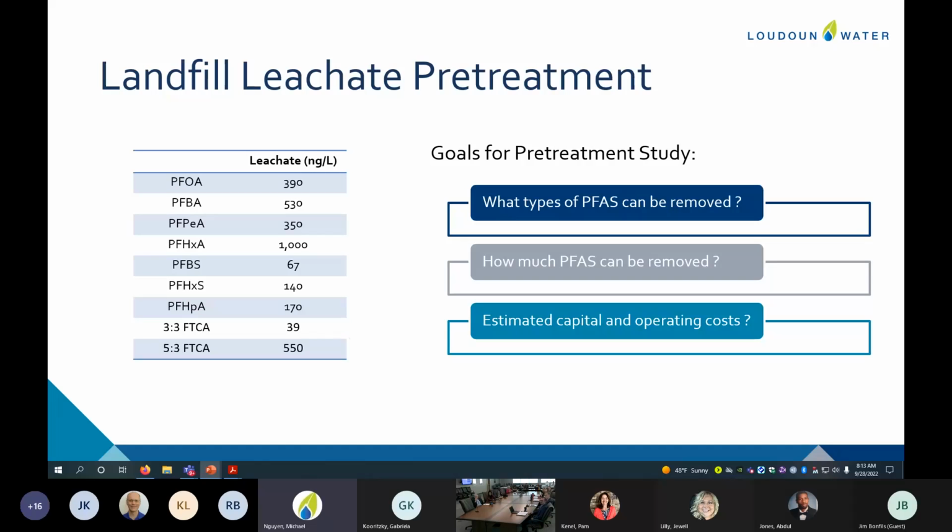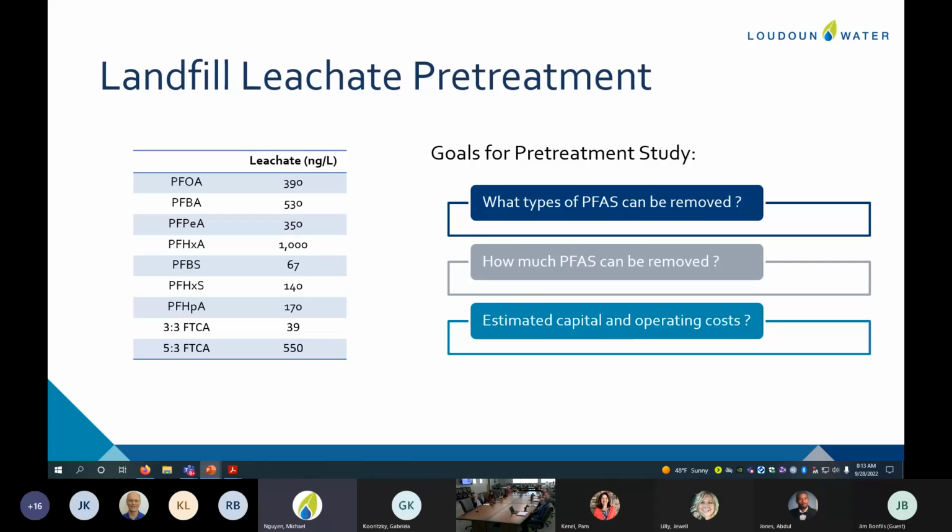If we can target these with removal at the plant, then we could assume most of it from Broad Run would disappear. It's a whole family that we wouldn't need to worry about because they seem to be landfill specific forms. But estimating the capital and operating costs of this pretreatment system is really critical to the evaluation.